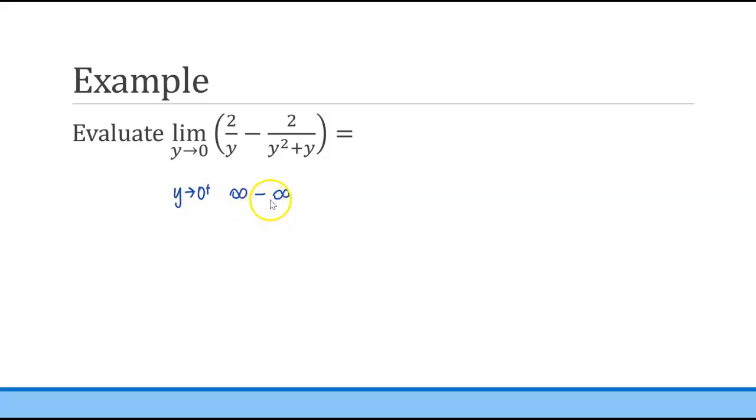So we are going to move forward with using some algebra. We're going to combine these two fractions together and force them to have common denominators. So we're going to do the limit as y approaches 0 of 2 over y, minus 2 over y times y plus 1.